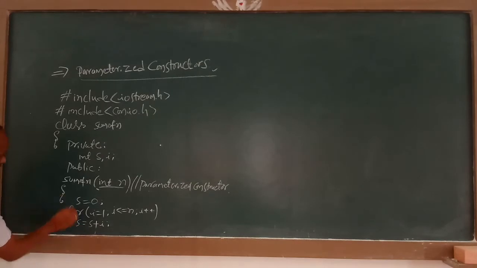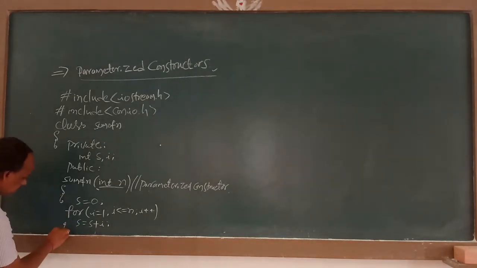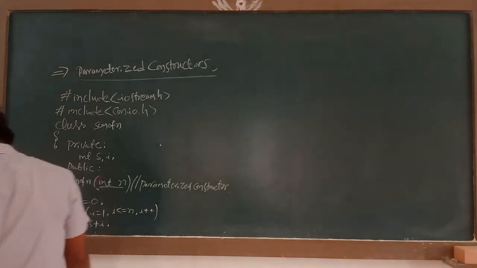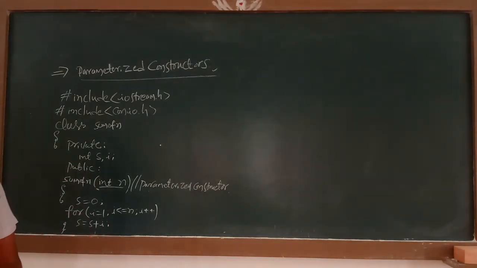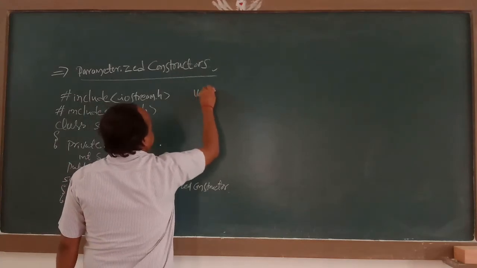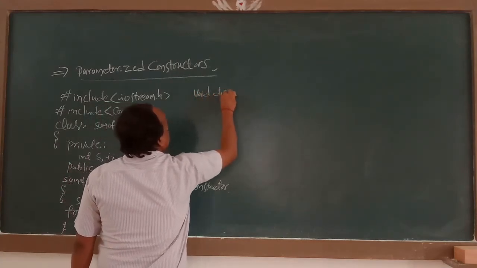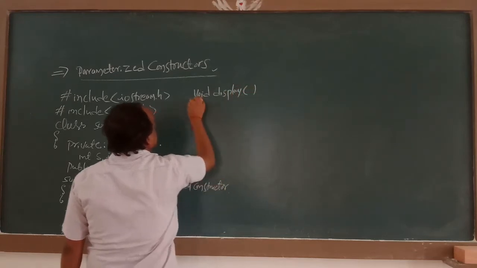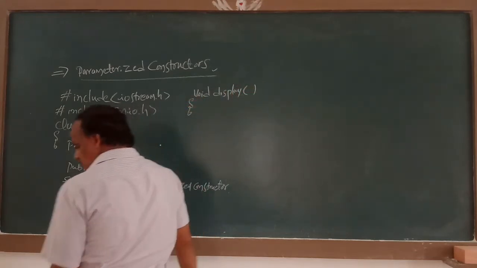I am closing this parameterized constructor, and here I am writing one more function in the class, that is the void display function. In the display function, what am I going to do?